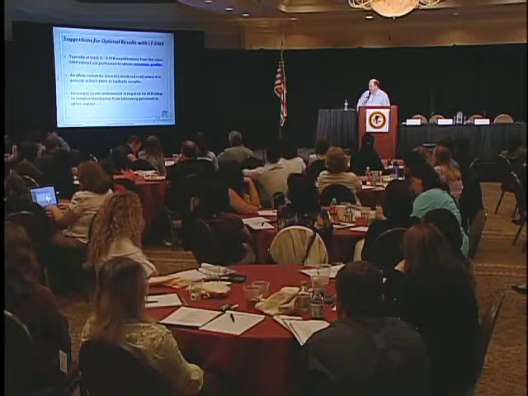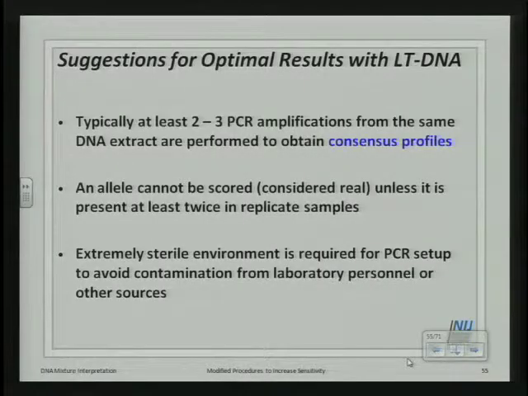So the suggestions for doing optimal results with low template testing is that typically you would produce 2 or 3 amplicons and develop a consensus sequence. And you could only score an allele if you saw it at least twice. It's also important that you use an extremely sterile environment for setting up your PCR.